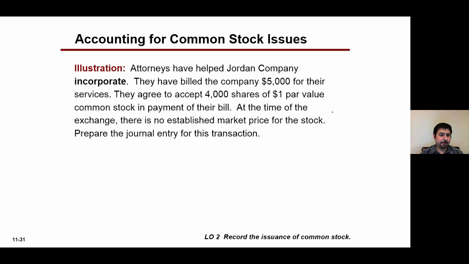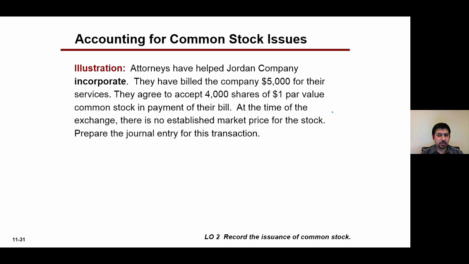Let's see how this works. Attorneys have helped Jordan Company incorporate. They have billed the company $5,000 for their services. They agreed to accept 4,000 shares of $1 par value common stock in payment of their bill. At the time of the exchange, there is no established market price for the stock.